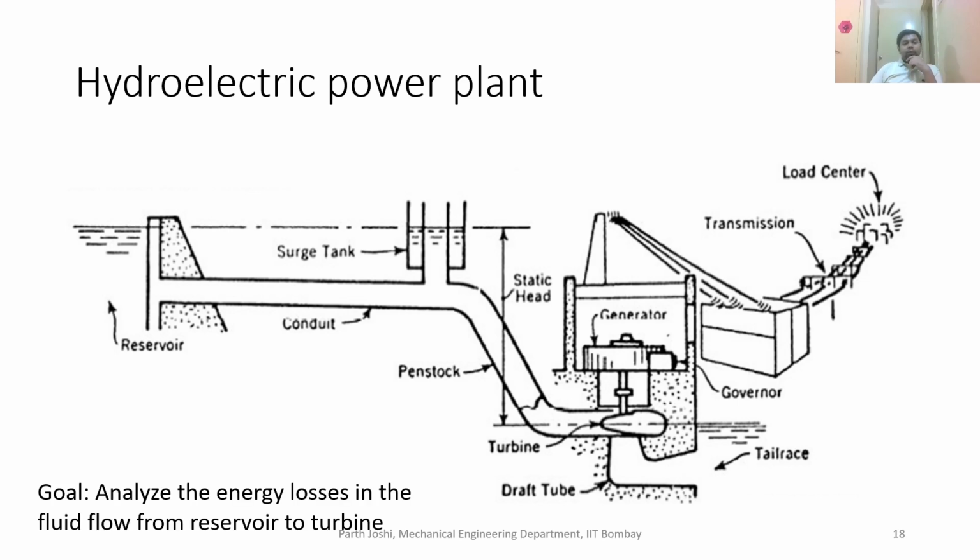So next, let us say our goal is to analyze the energy losses in the fluid flow from the reservoir to the turbine. Then where will we put the boundary now?